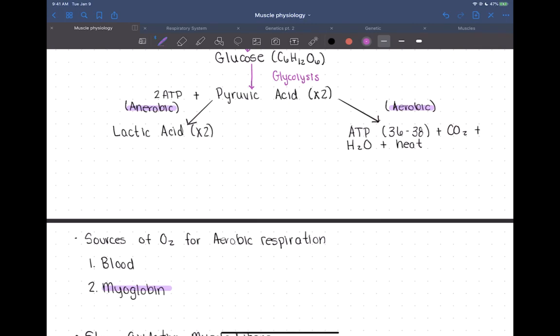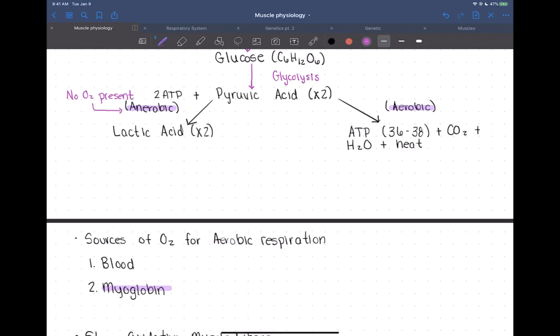So let's talk about if there's no oxygen present. That is anaerobic respiration. In that case, that pyruvic acid is going to be broken down into lactic acid, which is just a waste product made during anaerobic respiration.